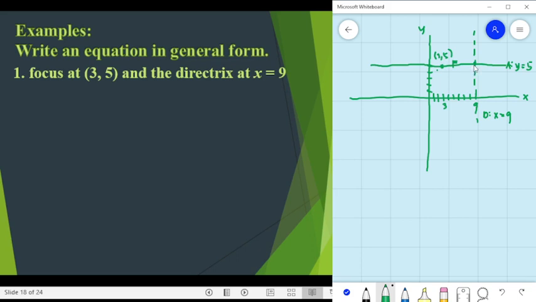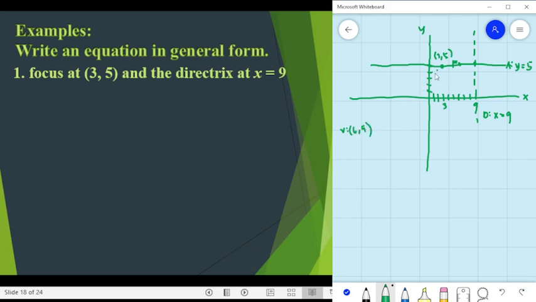So 3 plus 9 is 12, divided by 2, so therefore your vertex must have an x-coordinate of 6.